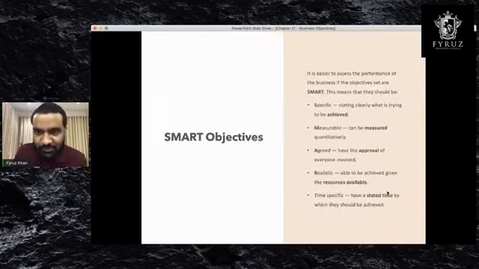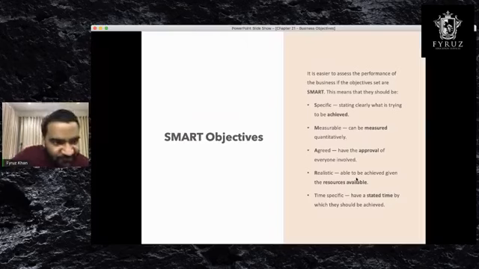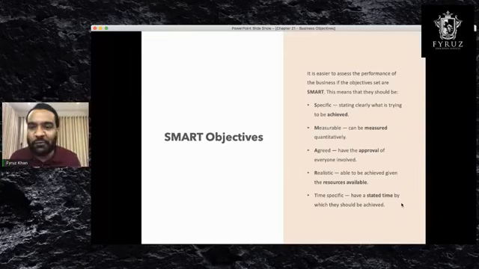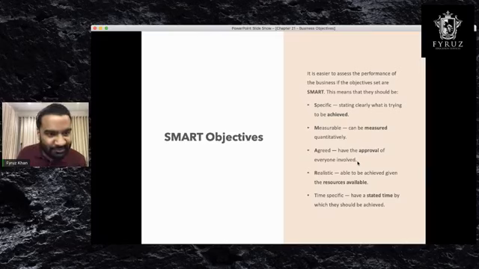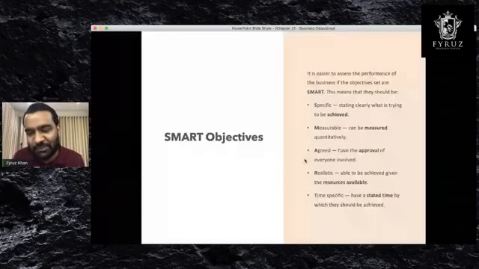The objective needs to be agreed and approved by everyone. When you work for an organization, when you take a decision, you always have to talk to everyone. Everyone needs to agree on that. And then, as I told you earlier, it needs to be realistic.